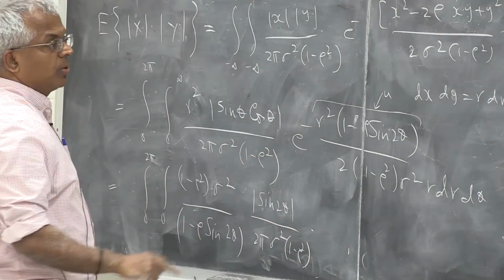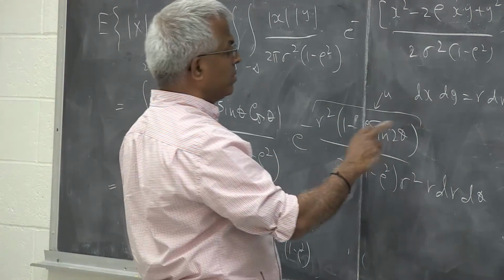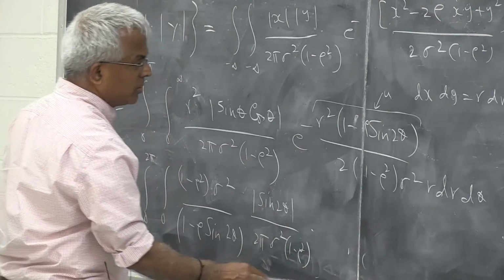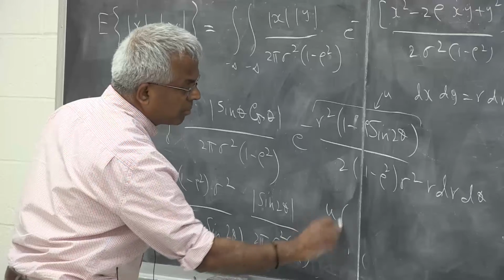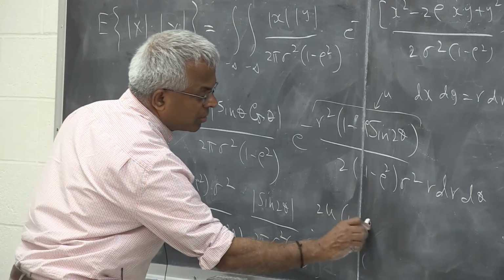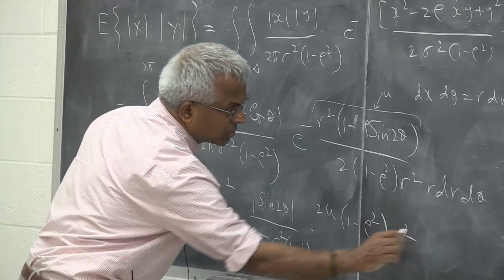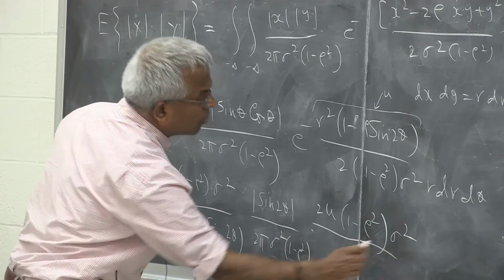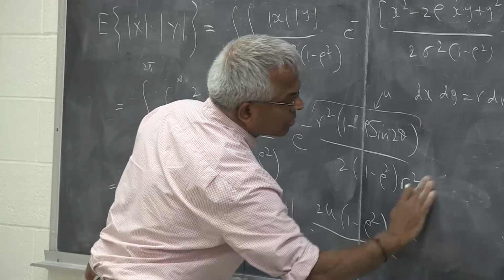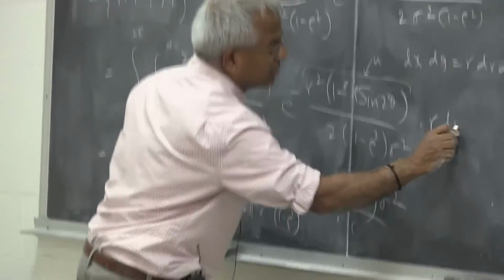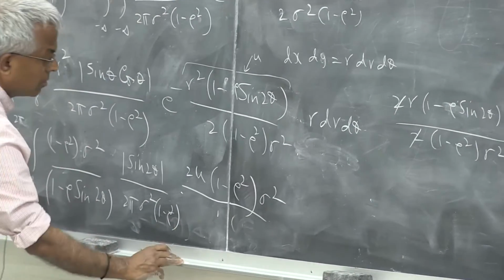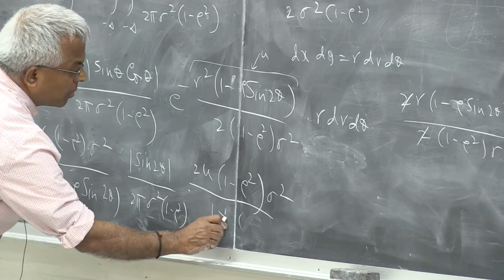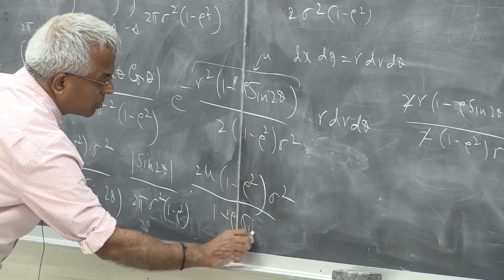Then you have r squared. R squared is going to be from here, u multiplied by 1 minus rho squared sigma squared over 1 minus rho sine 2 theta. So this is like this, r dr d theta.